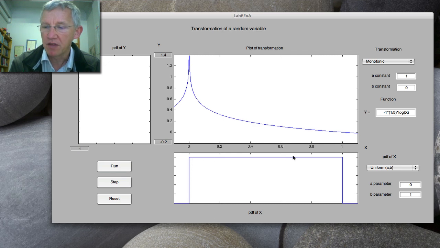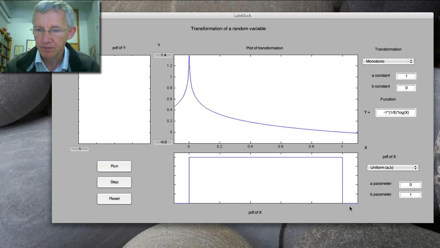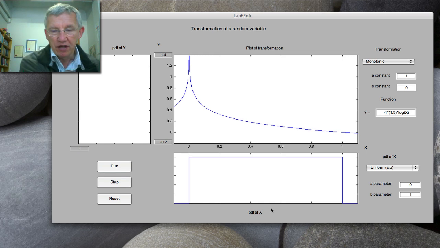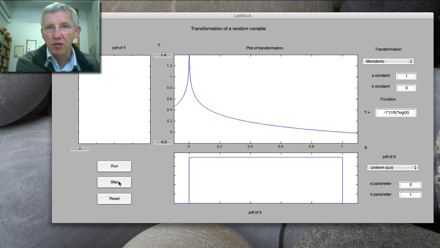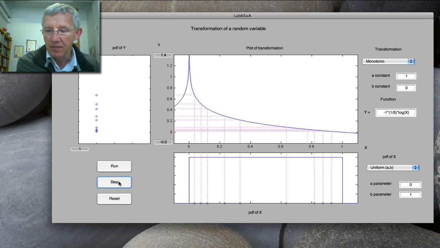Down here we have the PDF of x, which is uniform between 0 and 1. So you should have had a graph that looked roughly like this. And what you have to do is to think, well, what is the output distribution of y likely to look like? Now we can actually observe a sample of size 10 on x by clicking on the step function here.